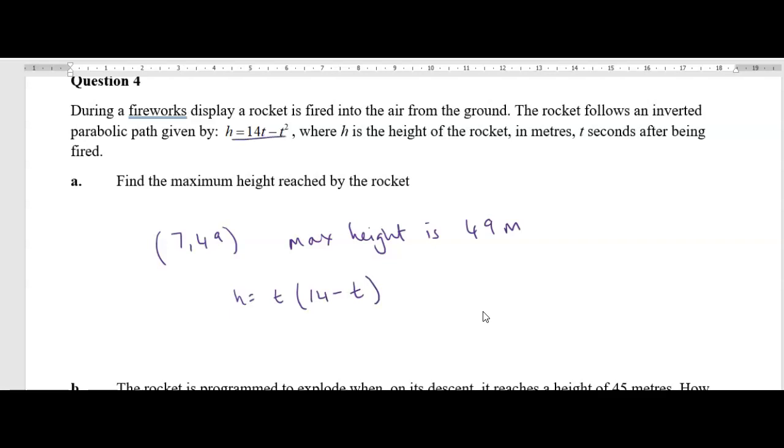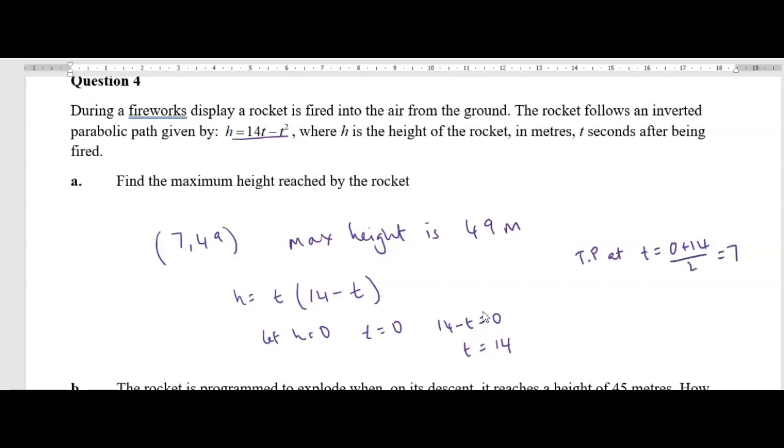Okay, so I'm just factorizing this. So your t-intercepts, let h equal 0. So t equals 0, or 14 minus t equals 0. So t equals 14. Halfway between them, so the turning point is at t equals 0 plus 14 over 2, which is at 7.